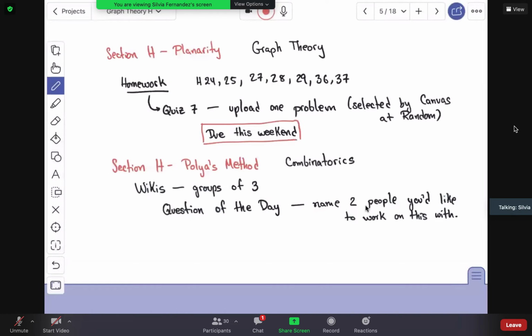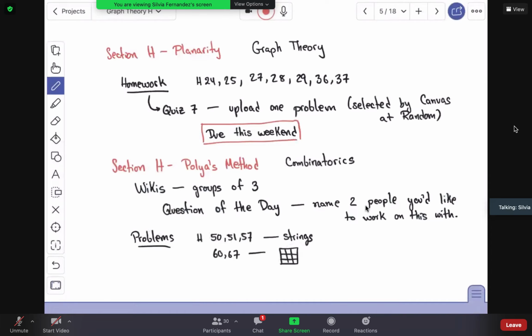Anyways, the selection of problems. As usual, all problems are essentially assigned to everyone, but you get correct solutions of everything through the wikis. These ones are 50, 51, 57. Those are on the strings. 60, 67. Those are on a grid, on a 3 by 3 checkerboard, I guess.